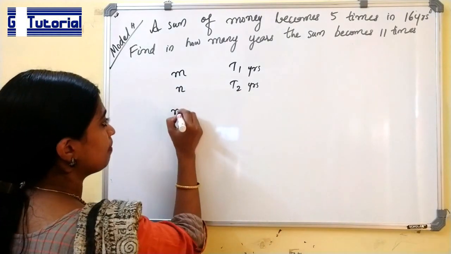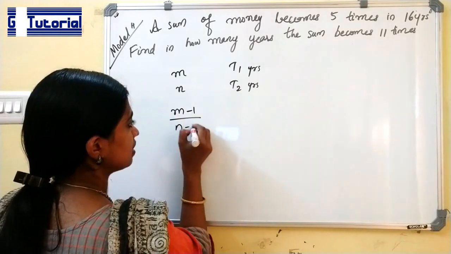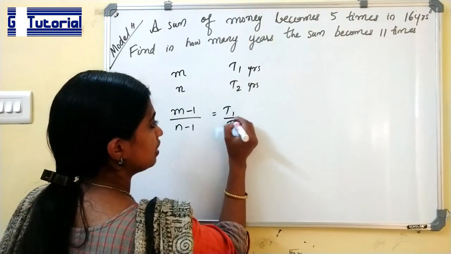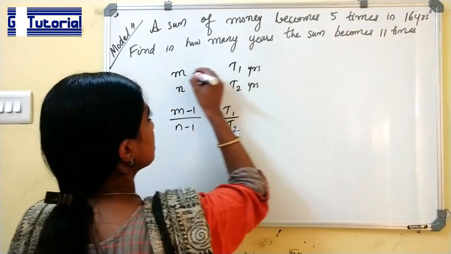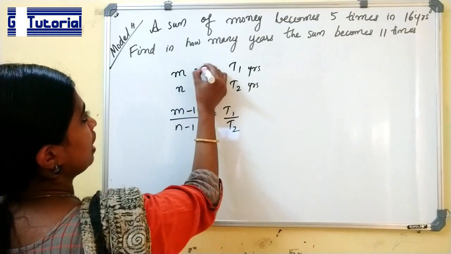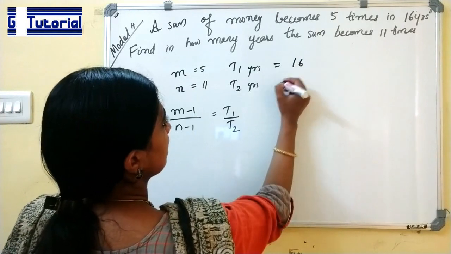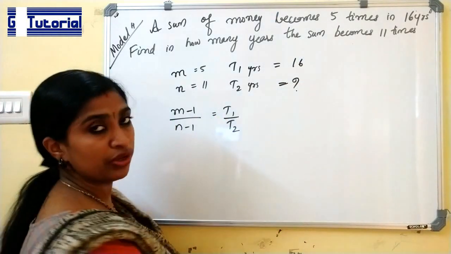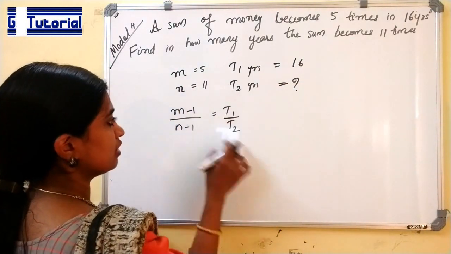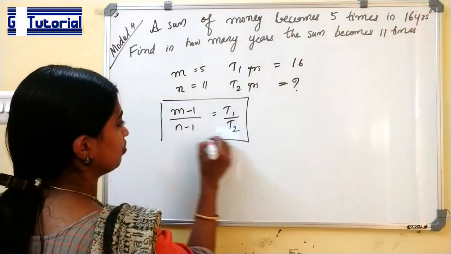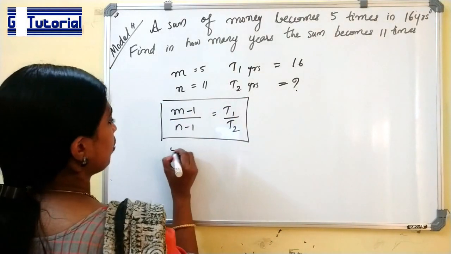It is (m minus 1) divided by (n minus 1) is equal to t1 by t2. In this case, m is 5 and n is 11. t1 is 16 and t2 is unknown. We are asked to find the value of t2. We can substitute in this formula. You have to learn this formula by heart.